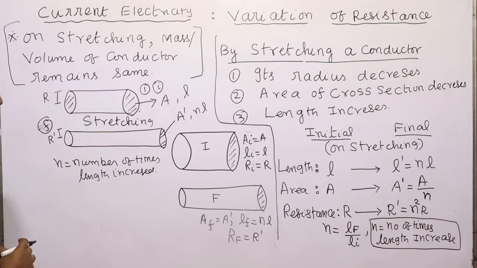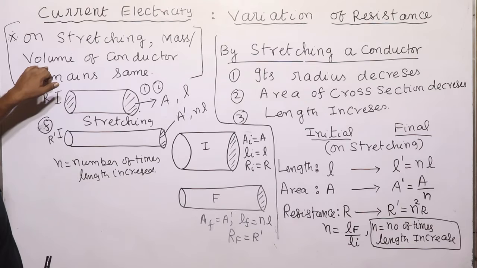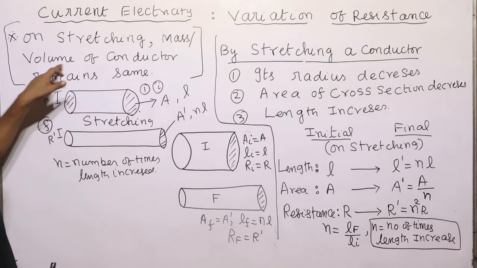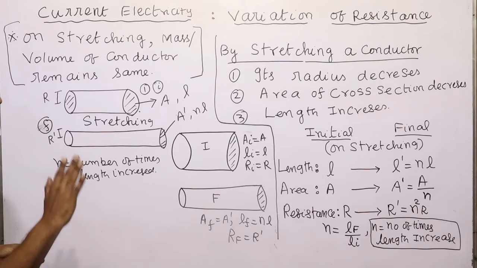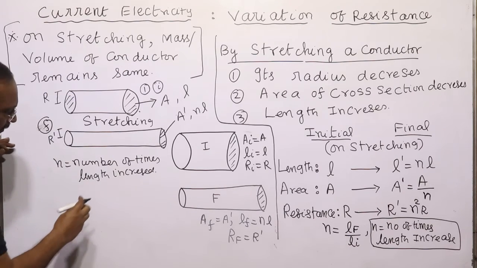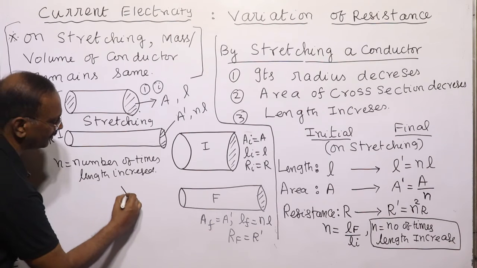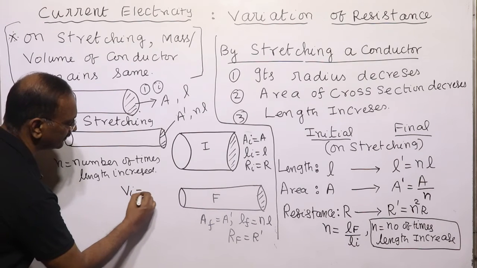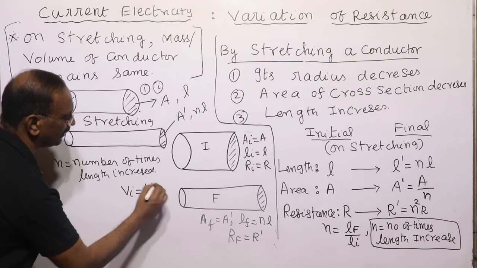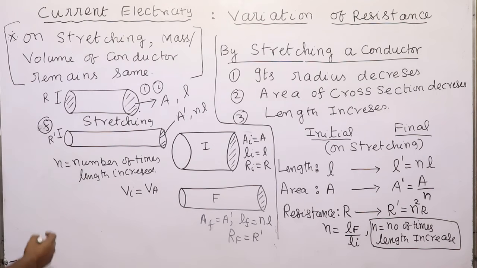But one thing we have to remember: on stretching, the mass and volume of the conductor remain the same. So the volume initial is equal to the volume final. But what about the length?